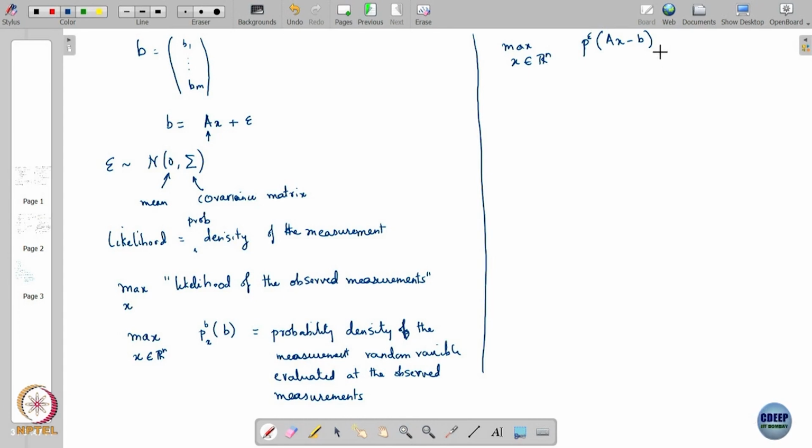So, this was the probability density of b, and this is the probability density of epsilon. What is the probability that epsilon takes the value Ax minus b? You are finding the x that gives me the largest such value.